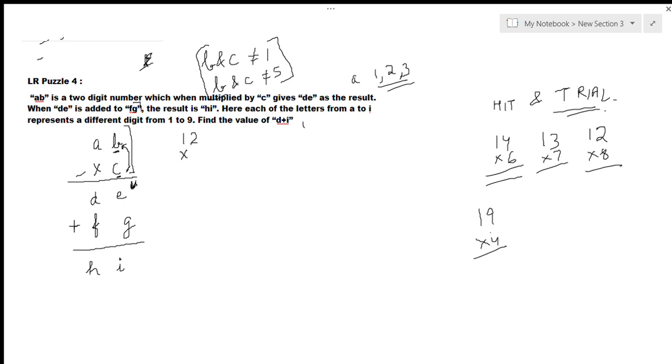So I know that 14 into 6 cannot lead to the correct answer, but then whether 14 into 3 will be there, whether 14 into 7 will be there or not. So don't do this by hit and trial. Starting with the smallest possible number will tell us which numbers to check and which are already eliminated.